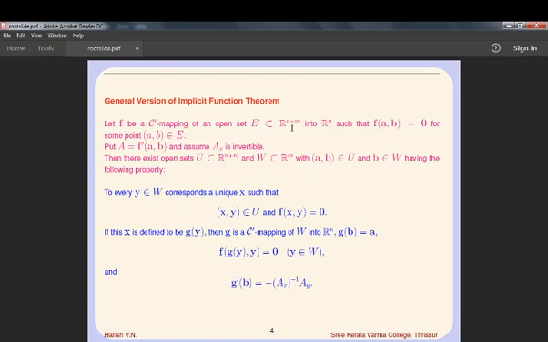In the linear version, we had a linear transformation from Rn plus m to Rn, but here it is not necessarily a linear transformation. It is defined on an open subset of Rn plus m into Rn, such that at some point a comma b, f of a b equal to 0.